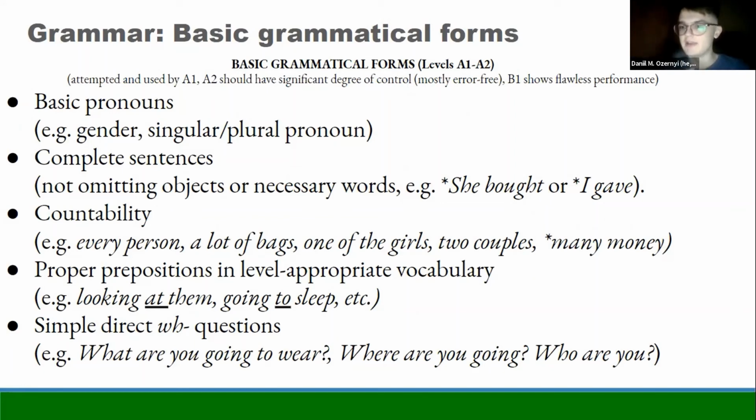I'm sure it's not required for A1. That's a stylistic thing. So if they use it for somebody whose gender they don't know, do not grade them down. They may use whatever they choose.